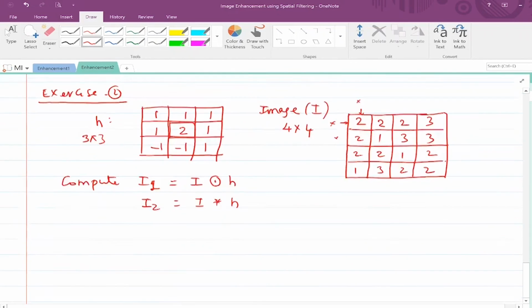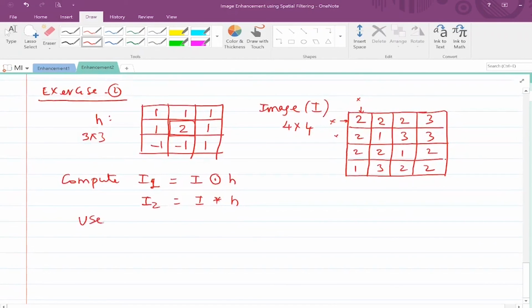So what I would say is, use zero padding. So essentially I want this I1 again to be of size 4 by 4, and similarly I2 also will be 4 by 4, and you appropriately use zero padding. I'm sure you all know this zero padding from your DSP course. Okay, these are the two exercises I would like you to do.